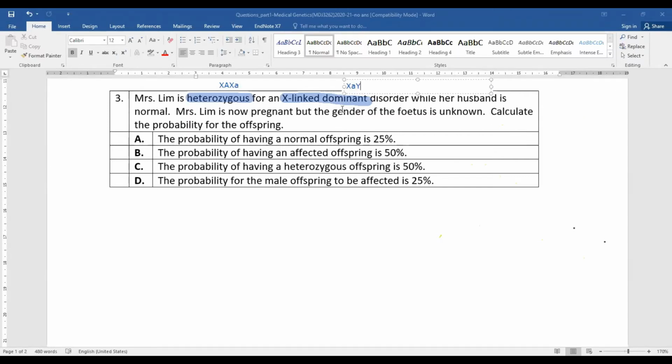So draw a Punnett square. Let's see. What's the better way to do? Is there somewhere I can put a table? Let's try again. So I'm drawing the Punnett square. This time I do better.